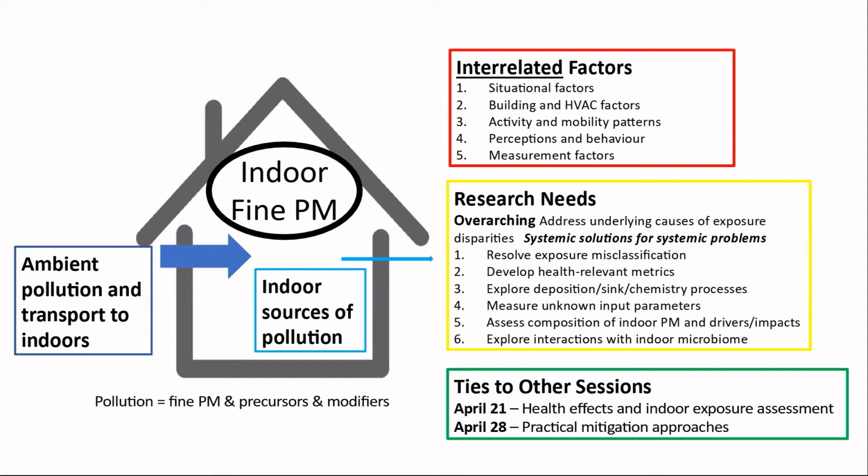But before I get to those research needs, I think that there was this very strong overarching sentiment that, we're talking about indoor fine PM, but really what we should be talking about is addressing some of the underlying causes of exposure disparities, and frankly, addressing those causes.